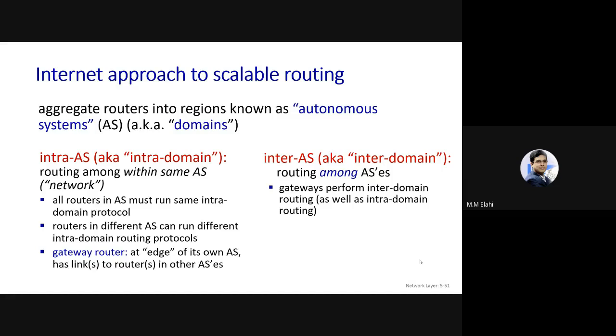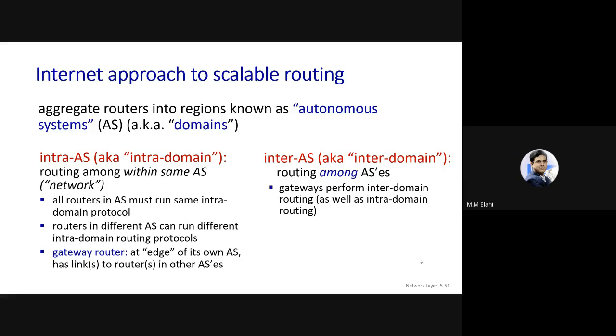Simple. Each autonomous system will have its own routing algorithm, and between autonomous systems we must use an inter-autonomous system routing algorithm. Maybe some of you have heard about the border gateway protocol, BGP. BGP is the protocol that works between autonomous systems.